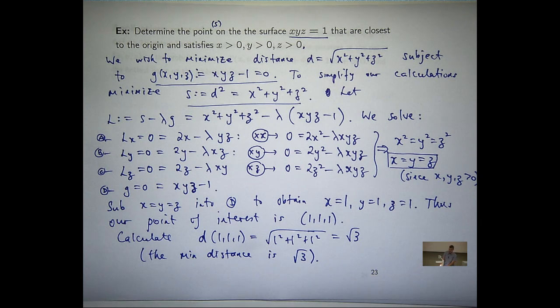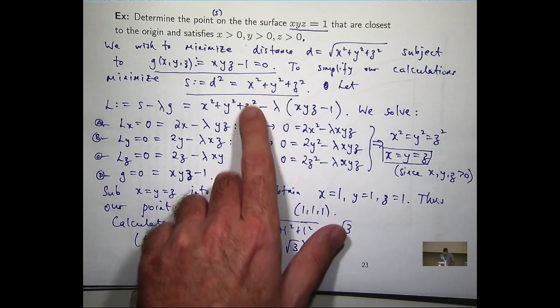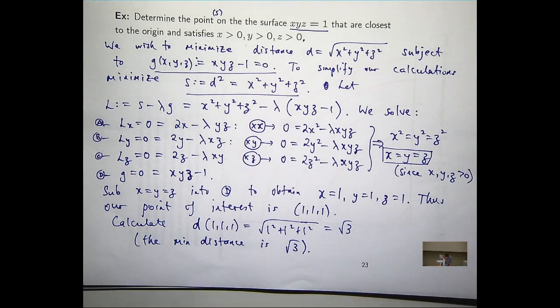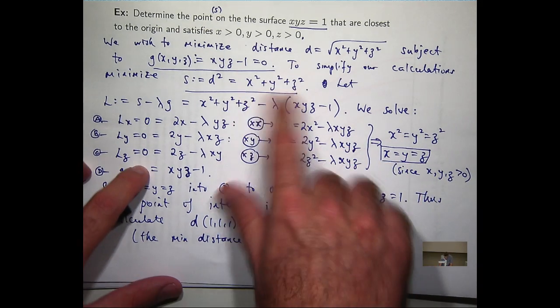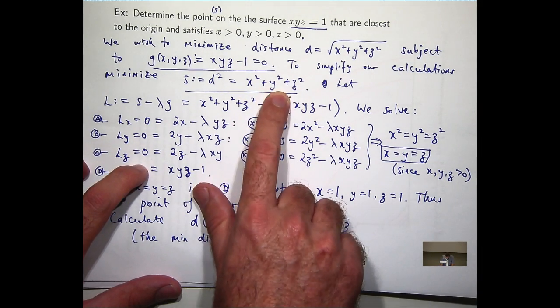Why can't it lead to a maximum distance? Okay, so I've got x squared plus y squared plus z squared. Now, unless I can control the inputs, the x, y, and z, that function will never have a maximum.